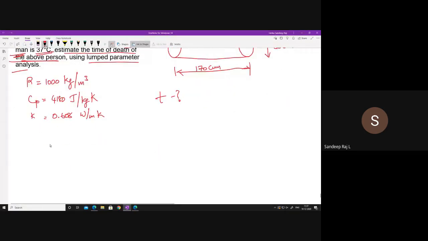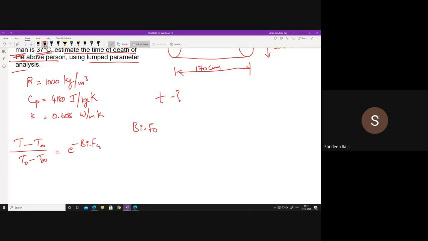For that, first you need Biot into Fourier, because you need (T minus T infinity) by (T naught minus T infinity) equal to e power minus of Biot into Fourier.